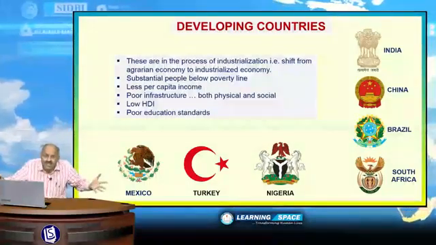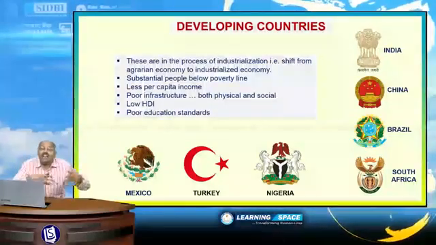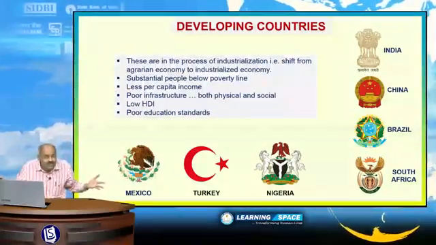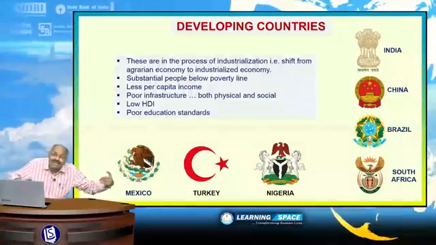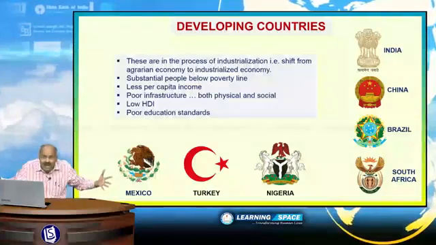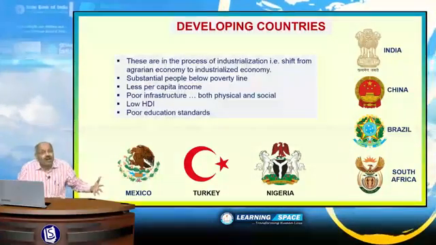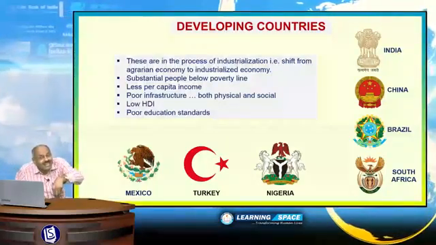Then poor infrastructure, both physical and social. Physical infrastructure: the highway network is not satisfactory, the connection to the rural hinterland is still worse, the public transport system is not up to the mark, and world-class infrastructure like bullet trains is yet to make its mark in a country like India.